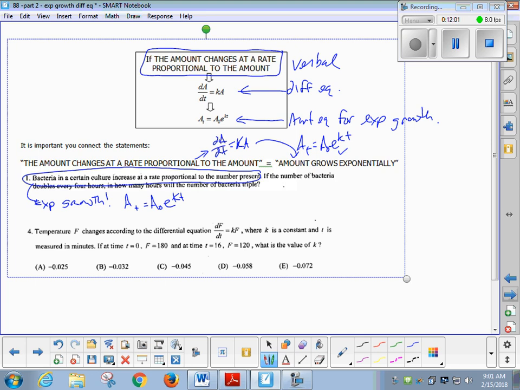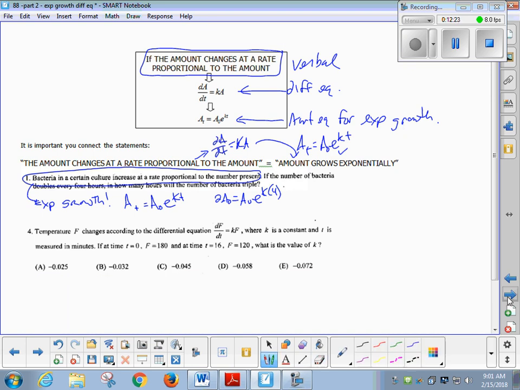That would tell you that after time, the amount is 2 A initial. Doubles, right? And the time is 4. From that, you could find your k. k is, well, I imagine you could probably do that all in one.